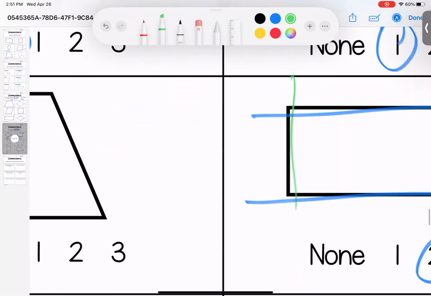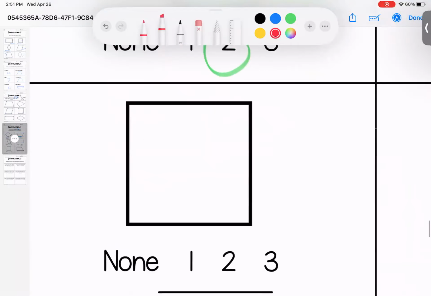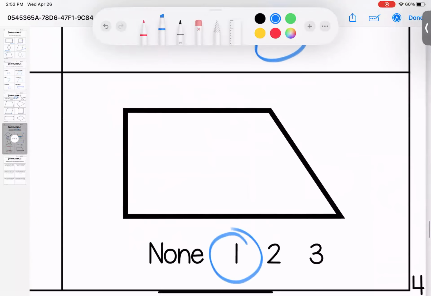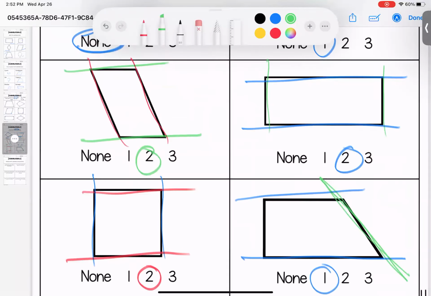Down here, two pairs again, across and sides. Coming down to our square, two pairs, across and sides. Last one, one pair, top and bottom. If we look at our sides, this one has an angle, which means that it is eventually going to meet our other side. So this shape only has one pair of parallel sides. Any questions on these? Bring them to class.